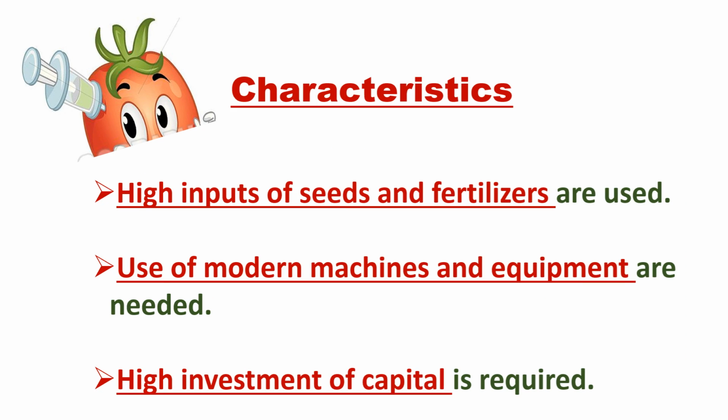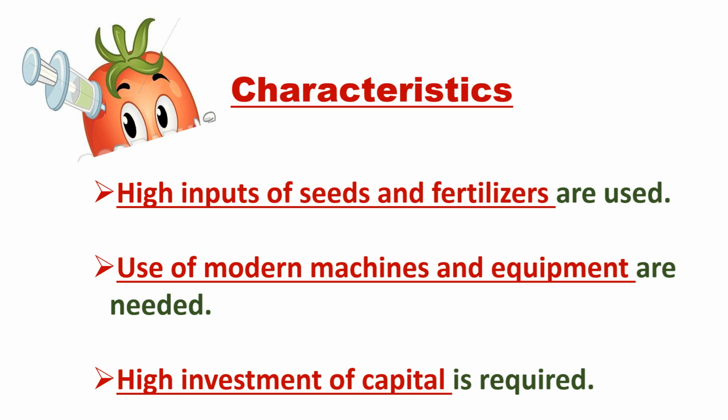Characteristics like high inputs of seeds and fertilizers are used, as I've already told you, in order to get more and more. They use high inputs of seeds, means good quality seeds, and fertilizers. Modern machines and equipment are used so that harvesting can be done nicely.